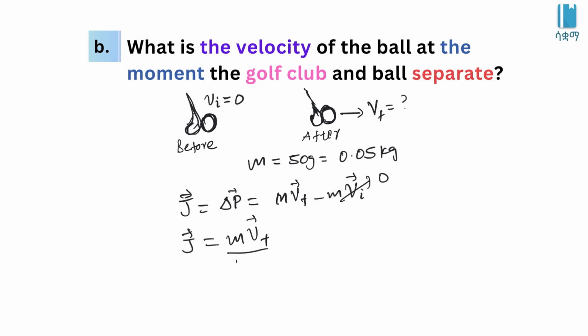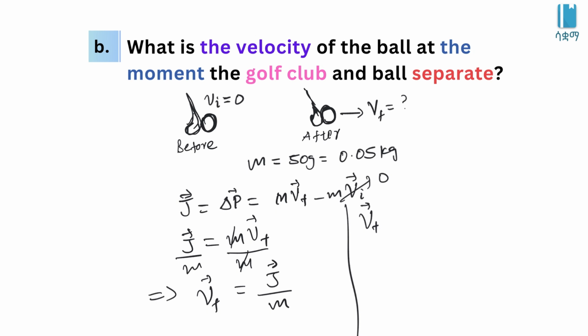So divide both sides by m. Now this implies the final velocity can simply be found by dividing the impulse by the mass. So here the final velocity will be 0.25 kilogram meter per second toward east.